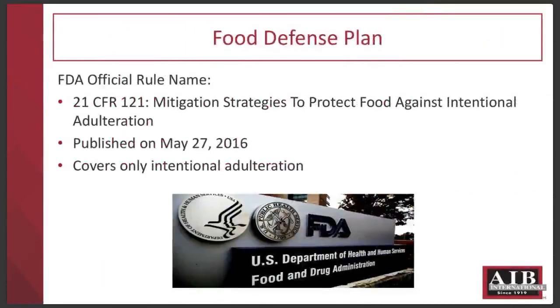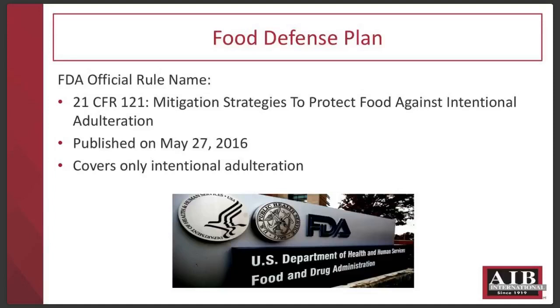Now we're going to switch over to the requirements in the food defense plan. So the official regulation name for food defense is 21 CFR 121, which is mitigation strategies to protect food against intentional adulteration. And this regulation was published on May 27th, 2016, and it becomes effective for those very large facilities next year, so May of 2019.